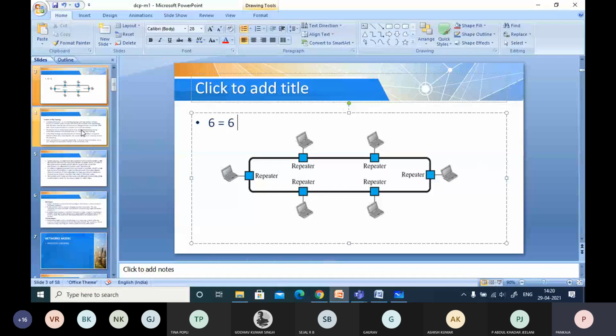You can observe each device is connected with a repeater. So what is the function of the repeater and how does the data flow here?